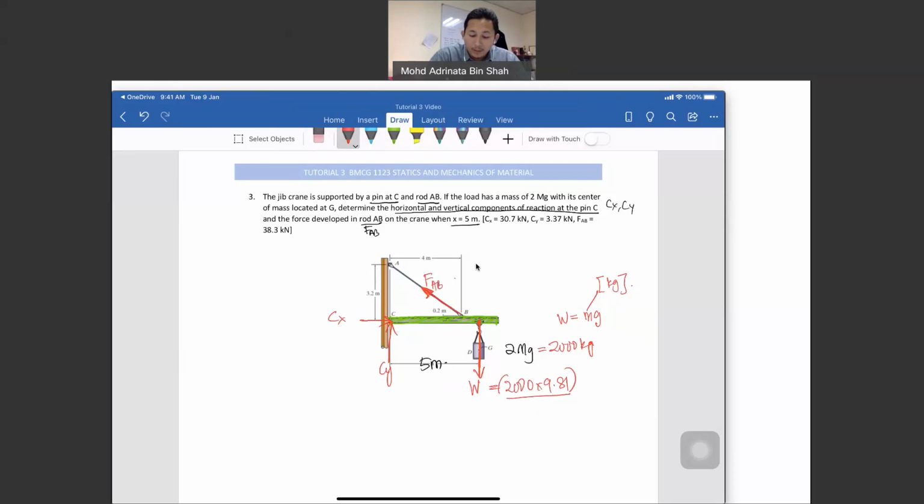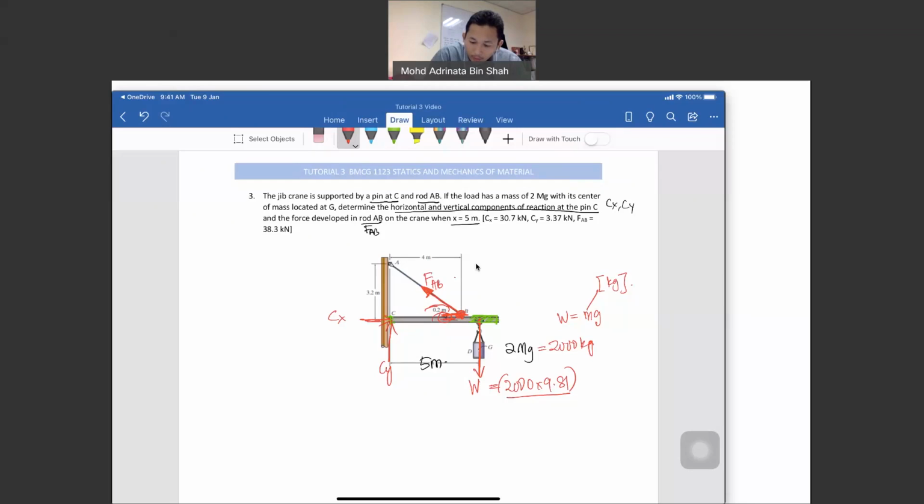FAB is 3.2 and 4. It is actually, you have here 0.2. So actually, if you look at the first figure, they have this one, 0.2. So it is from the center. So we want it to be here.